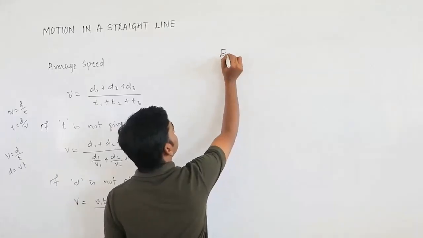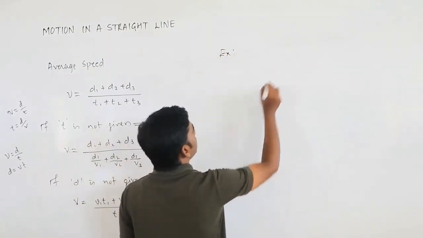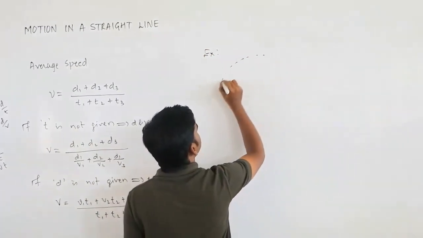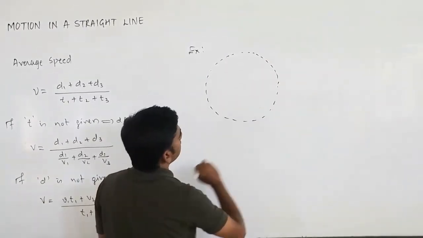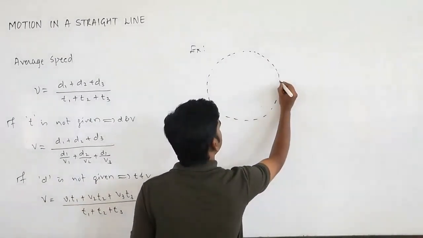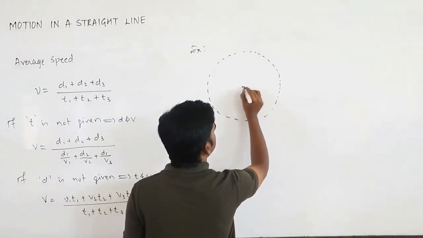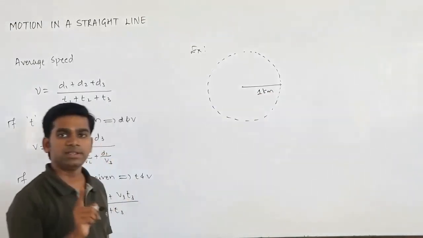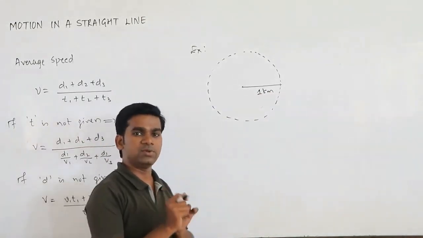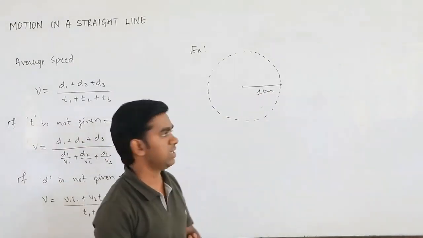Take one more example. Suppose you are having a circle and its radius is, say, 1 kilometer. Radius is 1 kilometer. I am changing a little, you have to observe properly what I am changing. Okay.